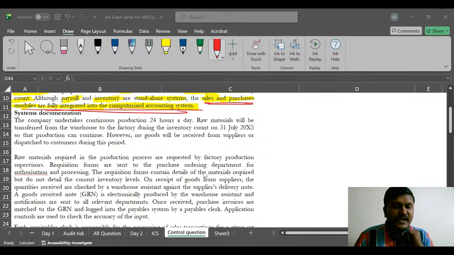So do we have a control deficiency in the first paragraph? What they're telling us is that the company has 24 hours production, but the inventory count will be happening on 31st July, and raw materials will be transferred over there. Yes, Tarun is stating there is a deficiency: the count may be incorrect due to 24 hours of production.